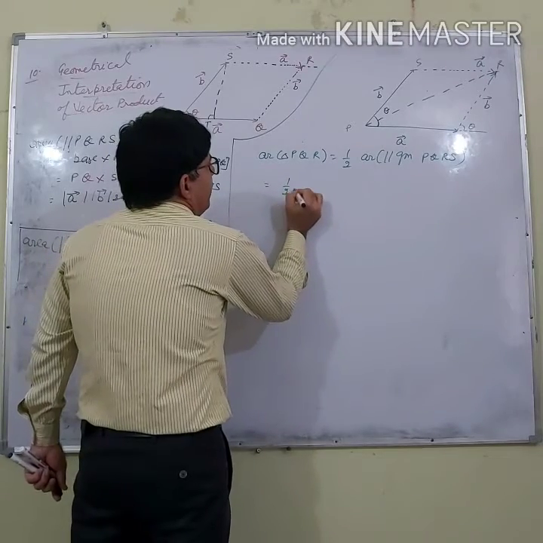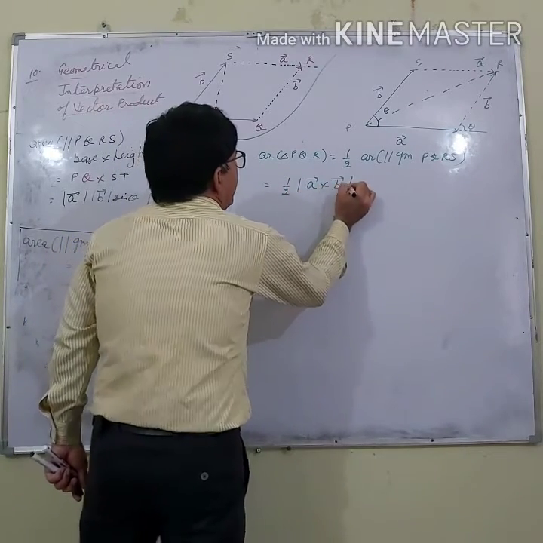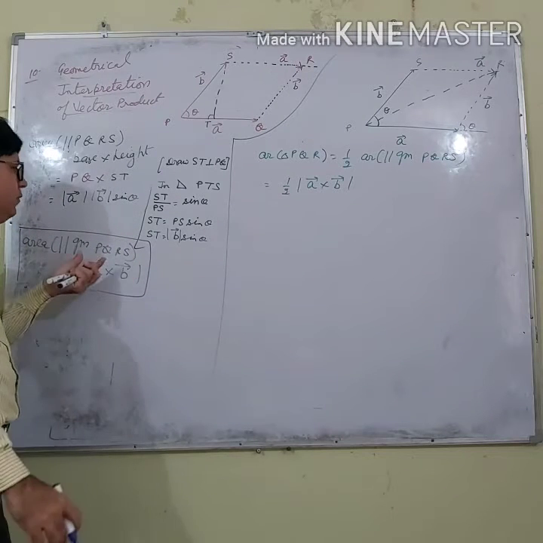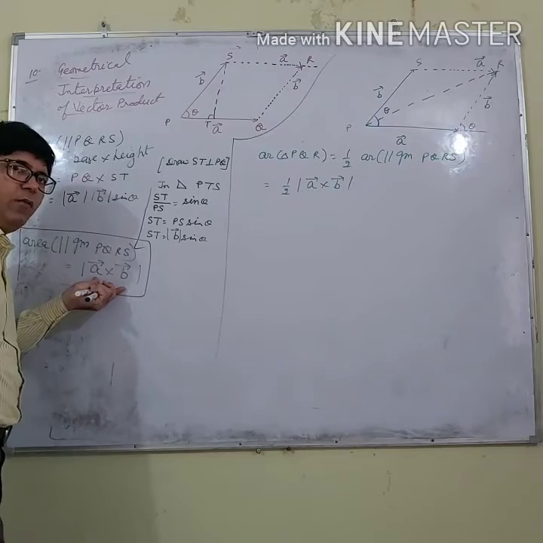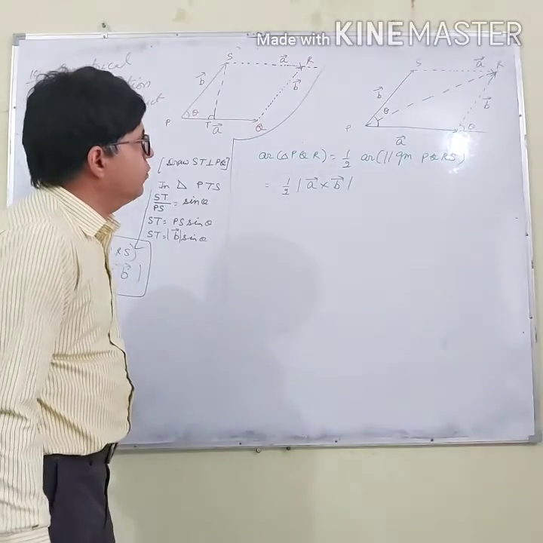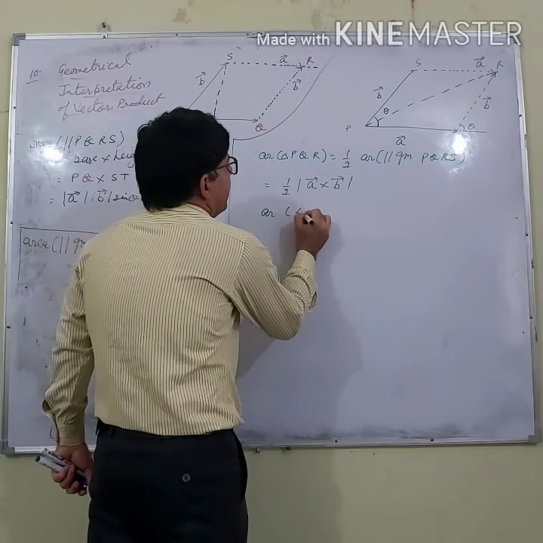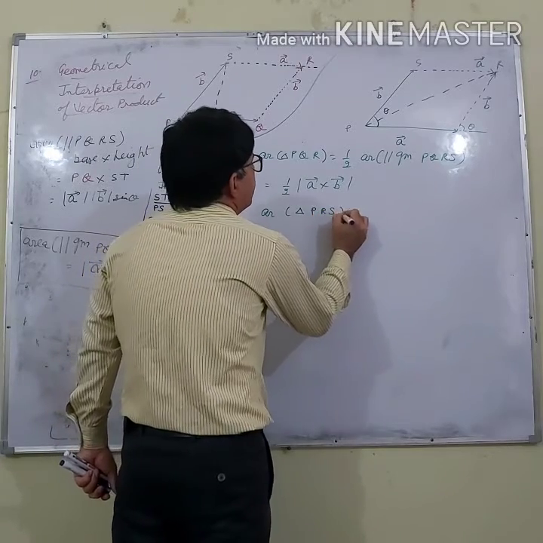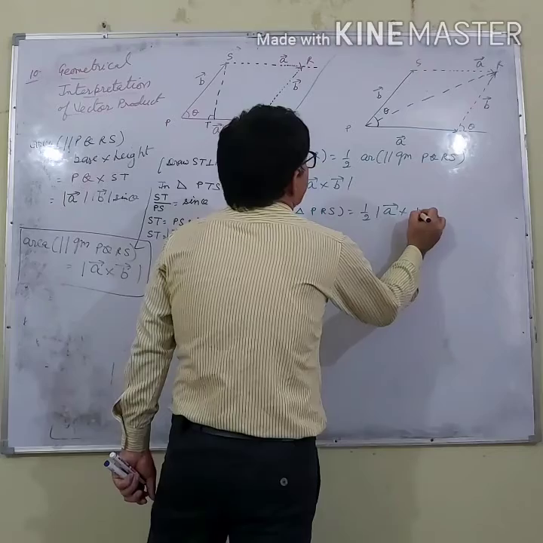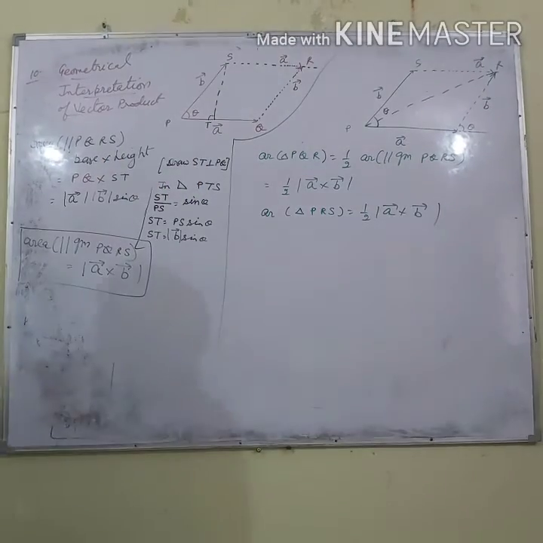Since the area of the parallelogram is the magnitude of A cross B, this is half the magnitude of A cross B. Similarly, the area of the other triangle PRS is again half A cross B. So the geometrical interpretation of cross product is that it gives the area of the parallelogram whose sides are represented by the vectors.